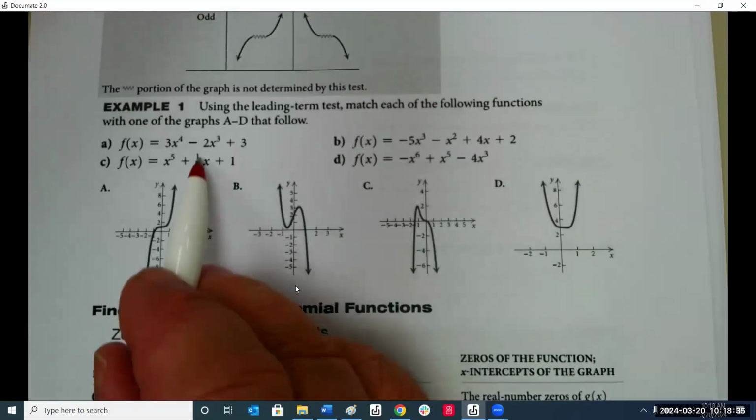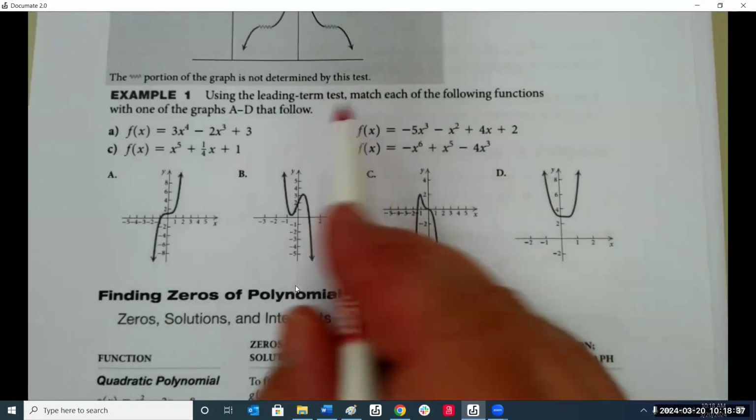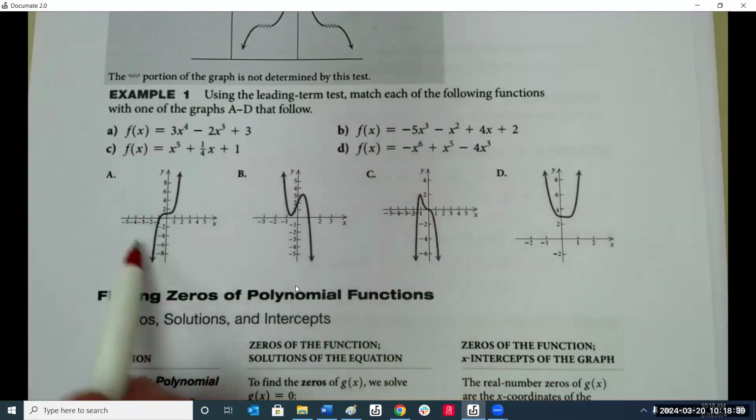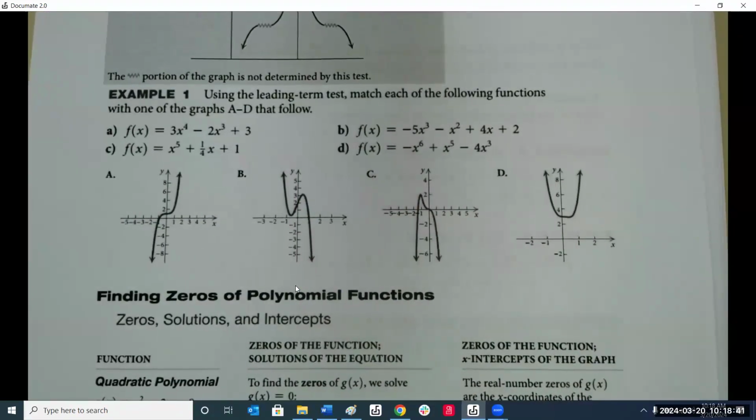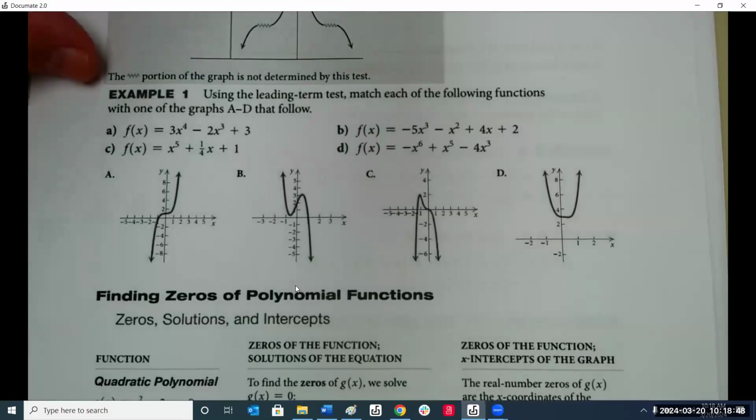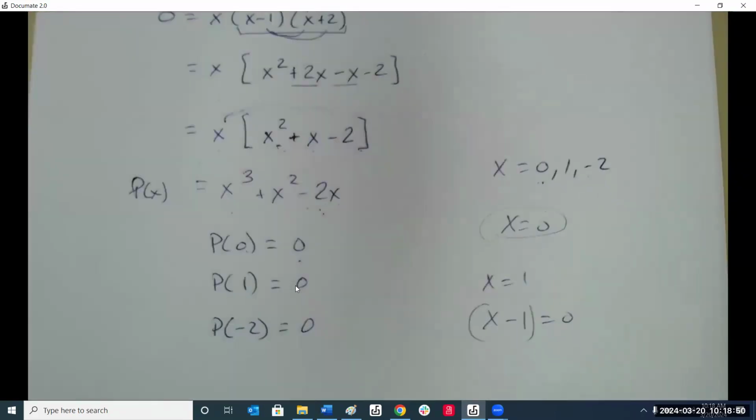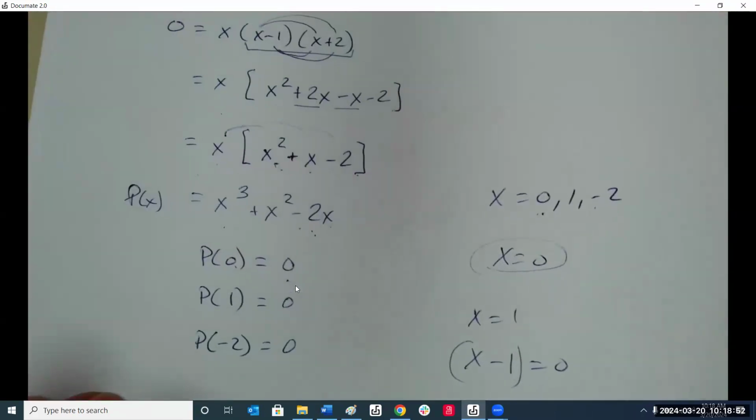Let's look at example 1. Let's use the leading term test to match the function with the graph. What I'm going to do is not use those pictures. I'm going to put the equations here and let's sketch our own.